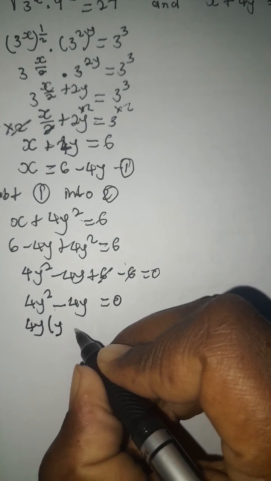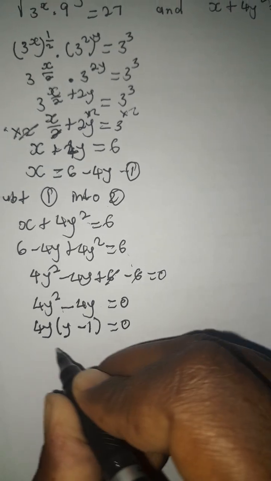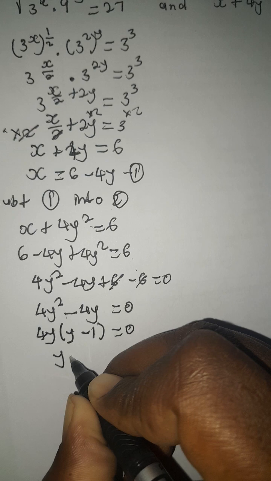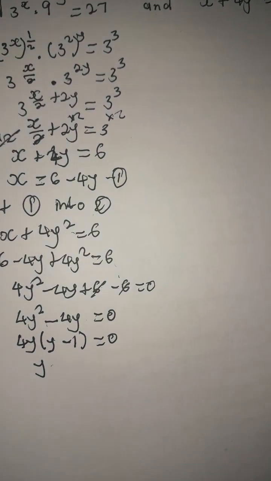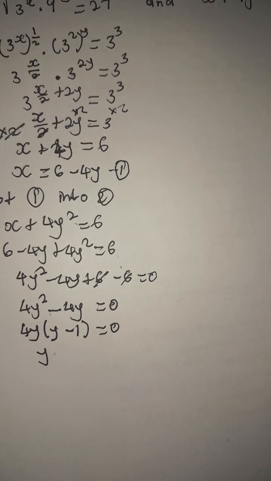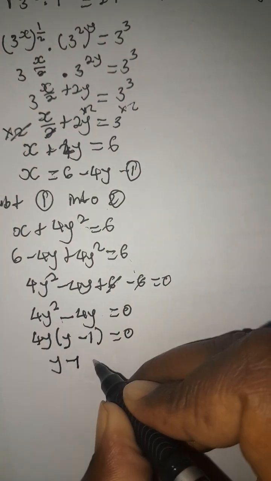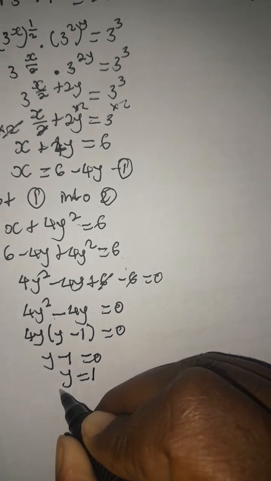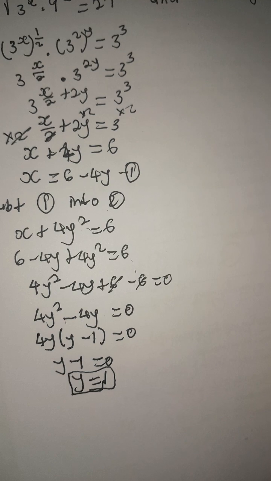To get to negative 4y, we need minus 1. Then if you divide everything by 4y, remember, the 4y will cancel. 0 divided by 4y is still 0. So in other words, we'll be left with y minus 1, which is equal to 0. So if we take negative 1 to the other side, it becomes positive 1, right? Meaning that y is positive 1.